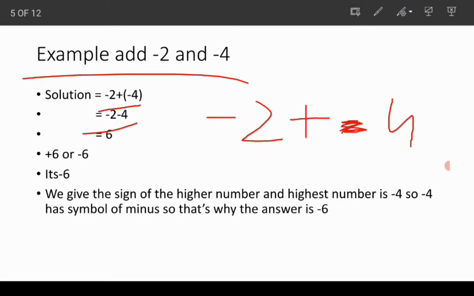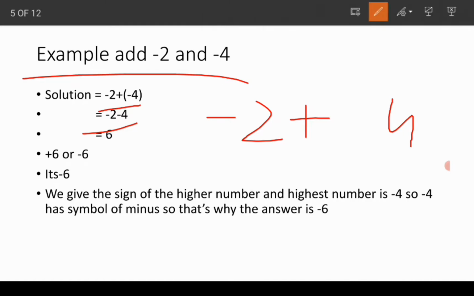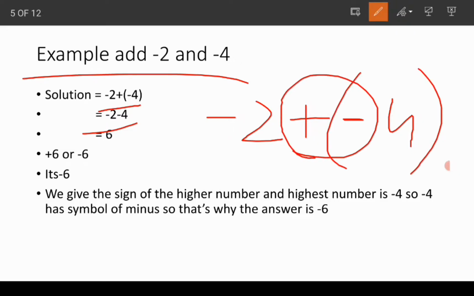Let me just erase this. So this becomes minus. Here plus and minus are both seeing their faces, but plus and minus should never see their faces. So what should we do? You should keep -4 in brackets: -2 plus, brackets, -4, because plus and minus should never see their faces.